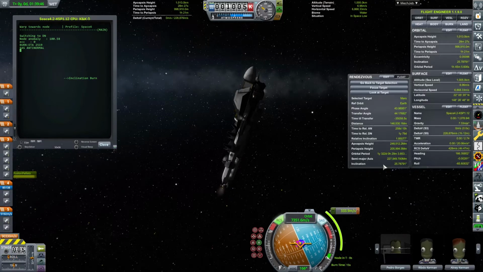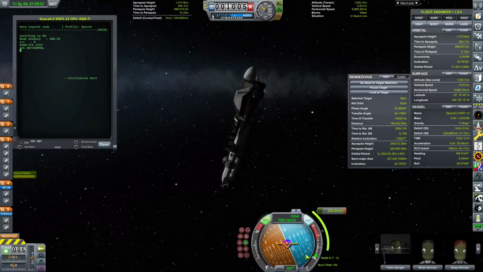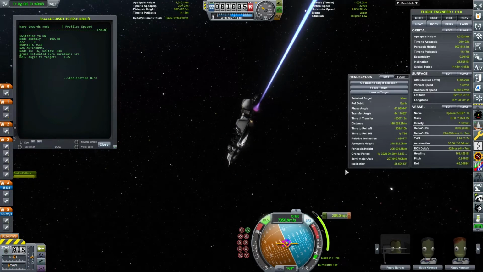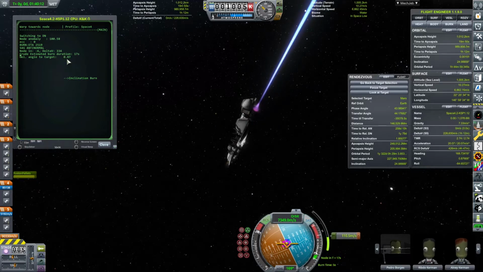So we are minus 3, 2, 1, 0. We will burn now at any moment. Okay, and you can see that the inclination is being adjusted, and also here the relative inclination to the target is decreasing. Now it will maintain and the burn will stop. That's it.